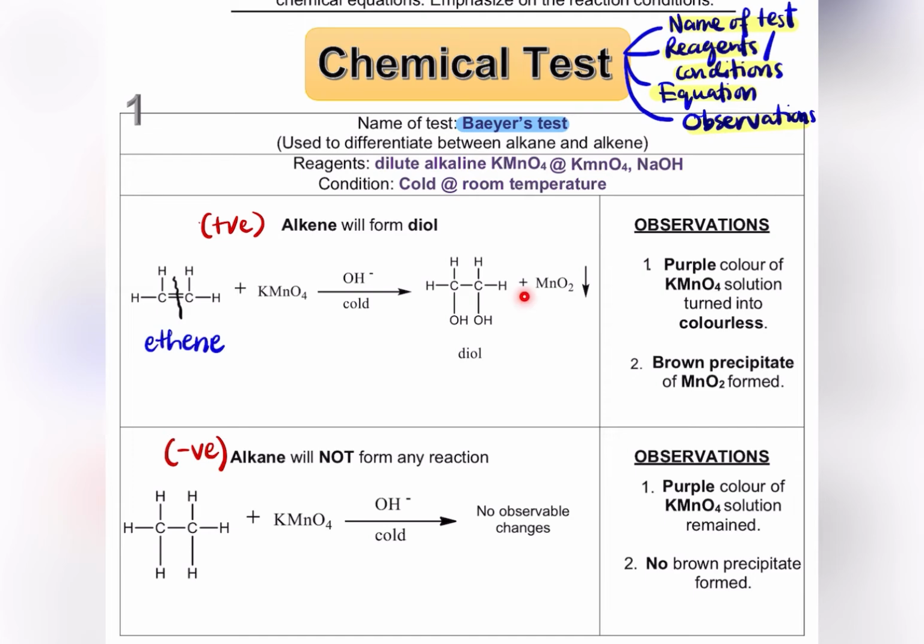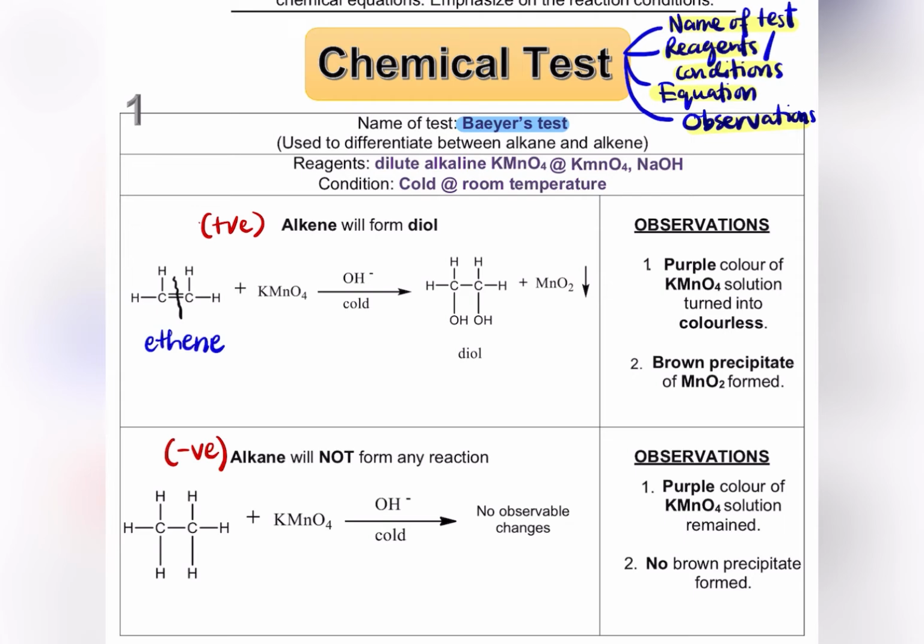And you got one more side product. This is very special, plus MnO2. And you have to show direction of the arrow towards down. So what does it mean here? This reaction will form precipitate, and that precipitate is MnO2.